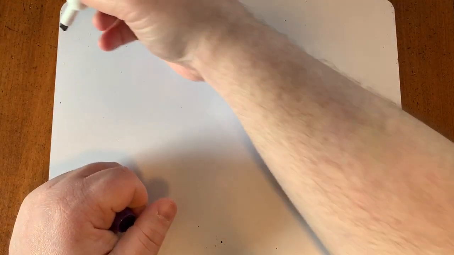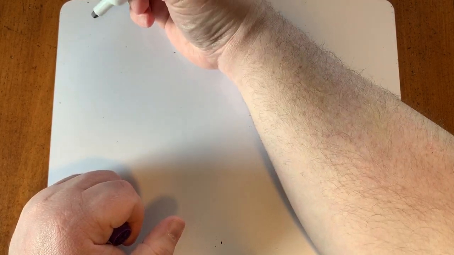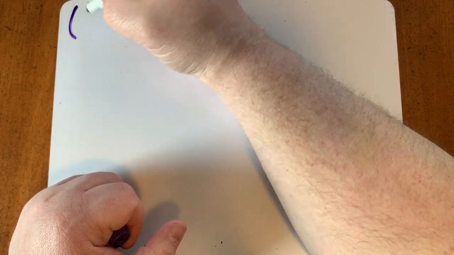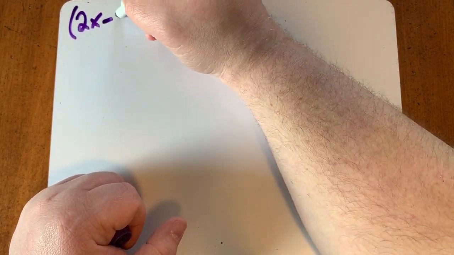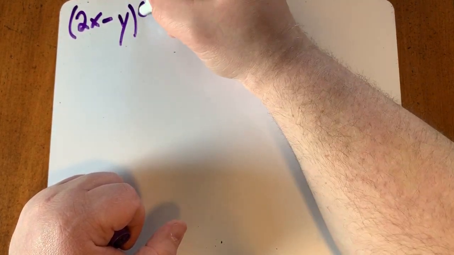Let's say we had, I'm not going to do crazy coefficients because I don't feel like pulling out my calculator. Let's say we had (2x minus y) to the 6th.